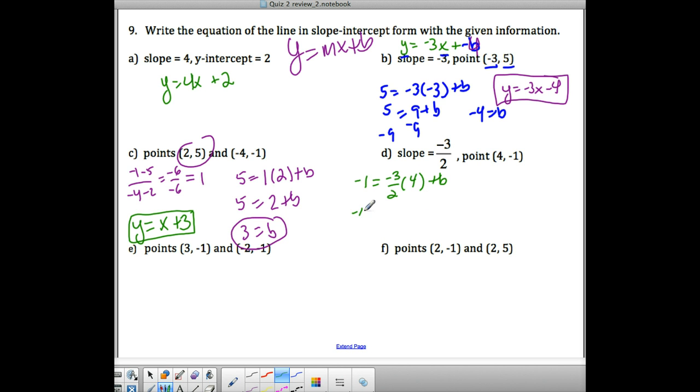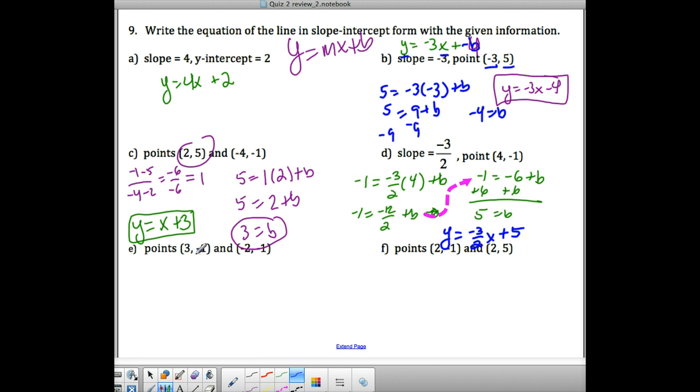So this gives us negative 1 equals negative 3/2 times 4, which is negative 12 over 2, plus b, which is the same as negative 1 equals negative 6 plus b. Add 6, and we get 5 equals b. So our equation is y equals negative 3 over 2x plus 5.